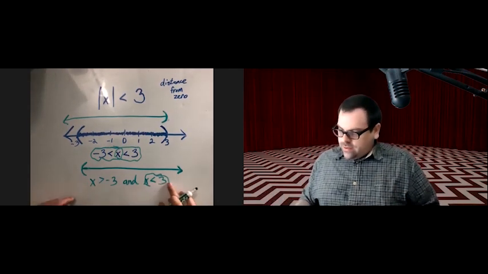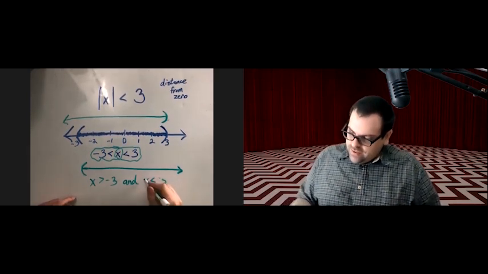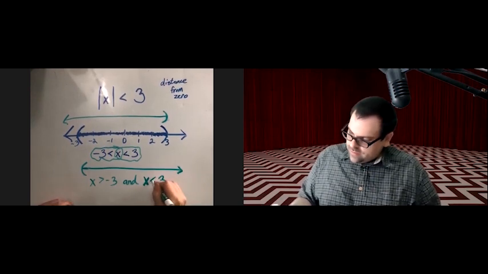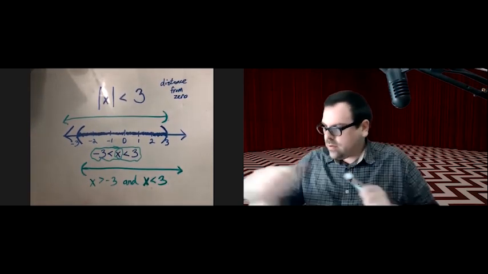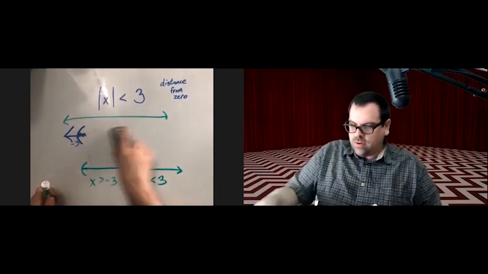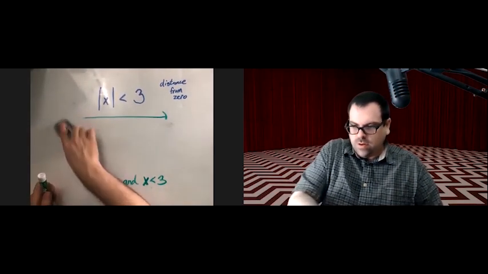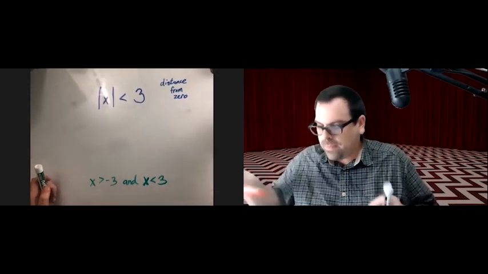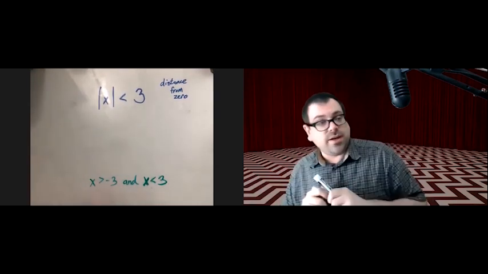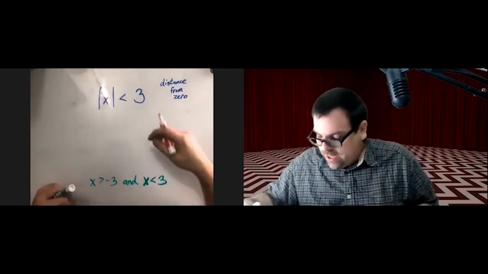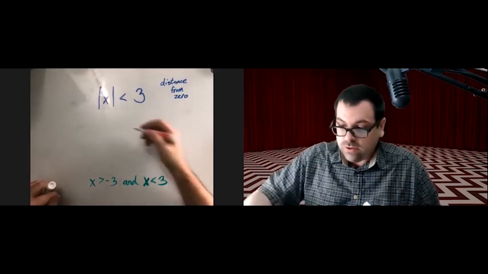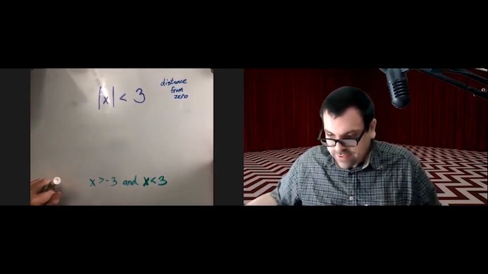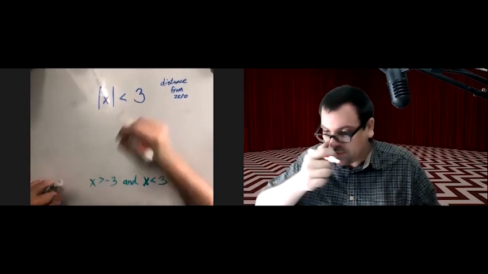We can use the fact that this and statement is the answer to this inequality to get a rule for all of these when we have absolute value less than.